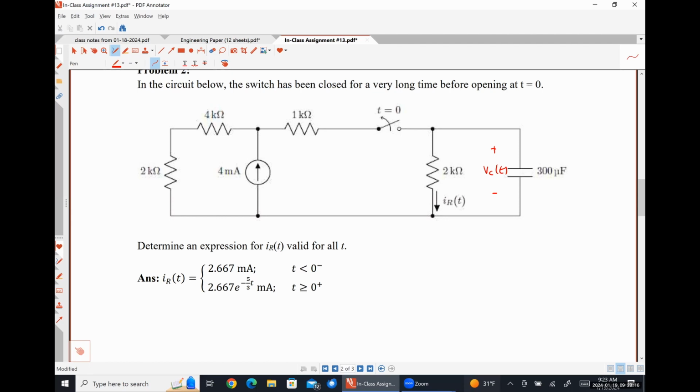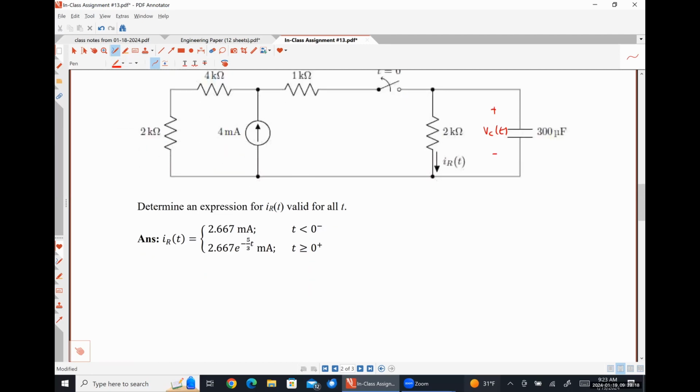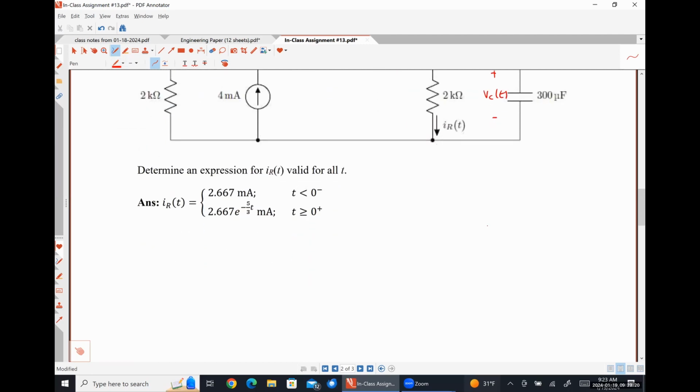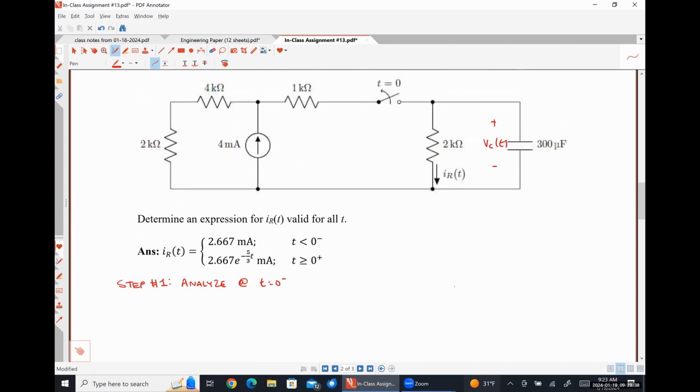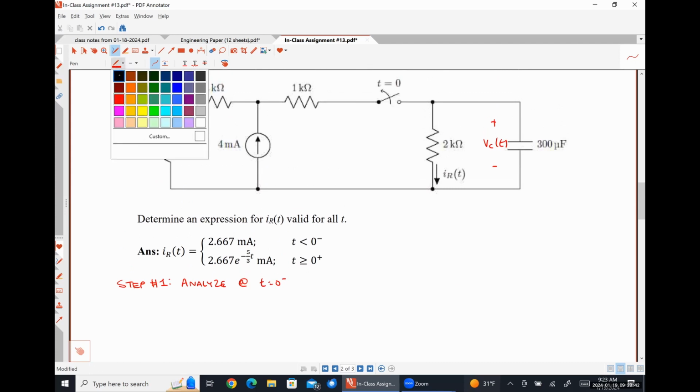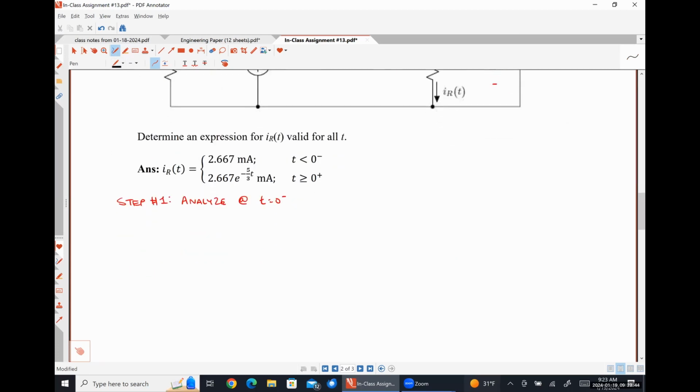All right, so our first step is going to be to analyze the circuit at t equal to 0 minus. At t equal to 0 minus, our switch is closed and our capacitor is going to look like an open circuit.